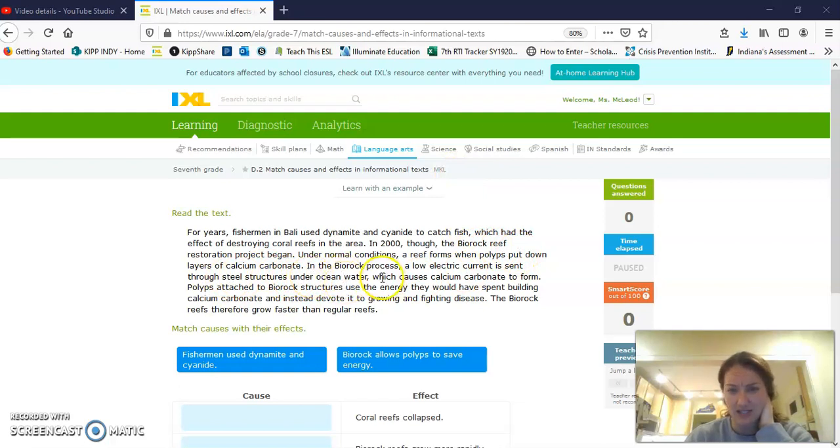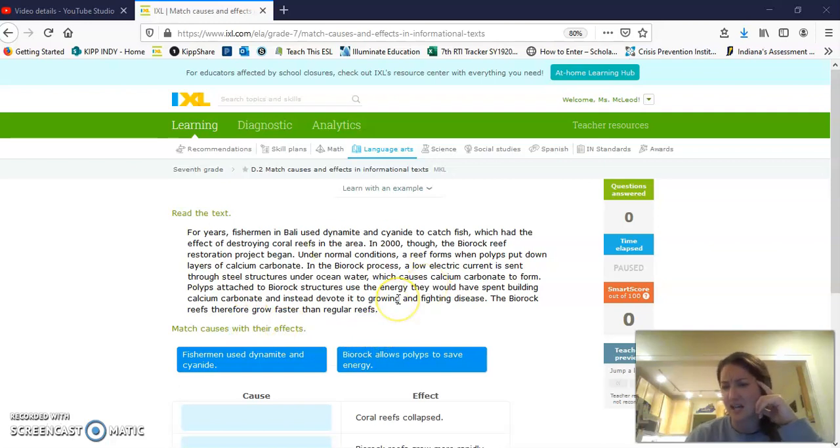In the BioRock process, a low electric current is sent through steel structures under ocean water, which causes calcium carbonate to form. Polyps attached to BioRock structures use the energy they would have spent building calcium carbonate and instead devote it to growing and fighting disease. The BioRock reefs, therefore, grow faster than regular reefs.